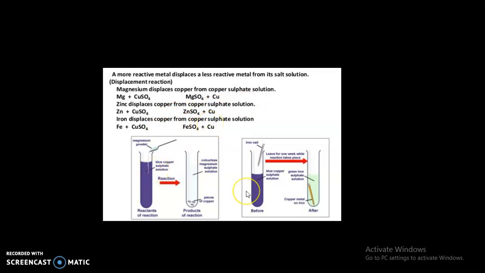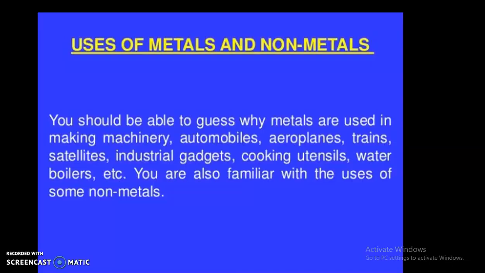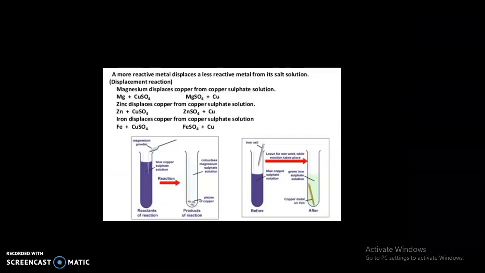So as you can see here in the reaction, the earlier reaction which we have taken was in 2 test tubes, isn't it? Blue colored copper sulfate, and we have added an iron nail. And in an iron sulfate solution, which is green in color, we have added a copper wire. What we are going to observe in this reaction is that the portion of the iron nail which is inside the copper sulfate solution becomes reddish brown.